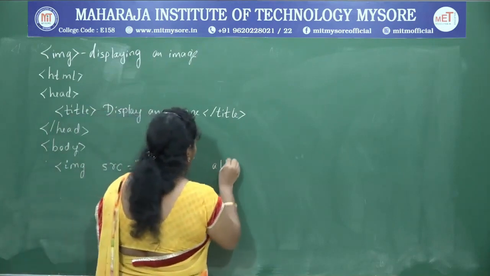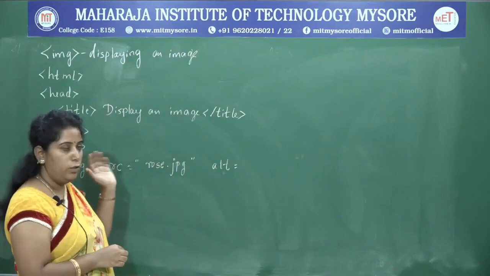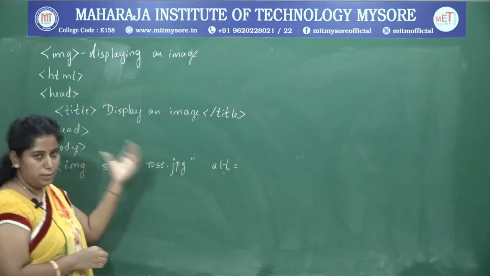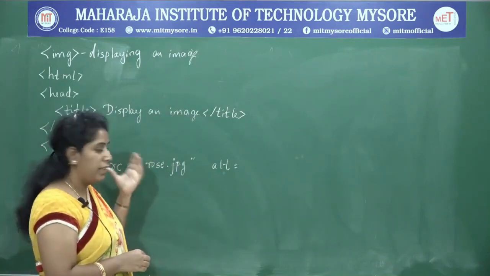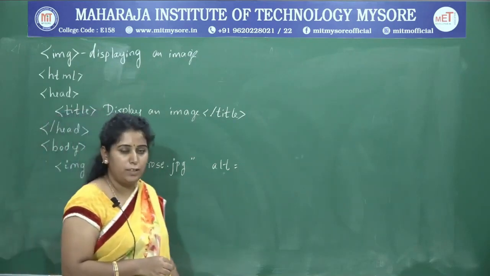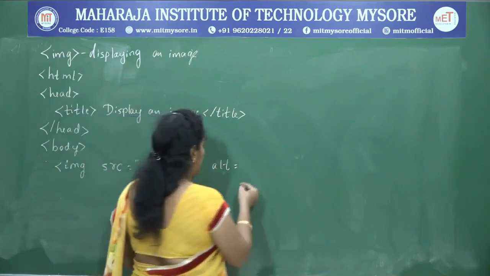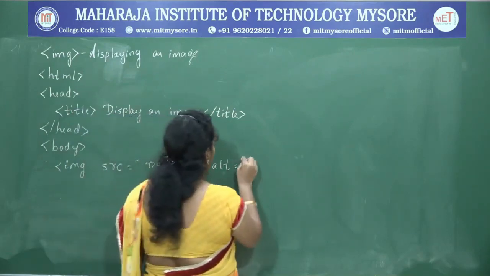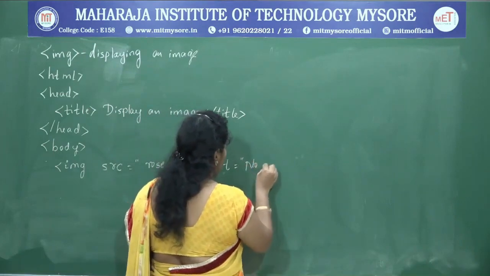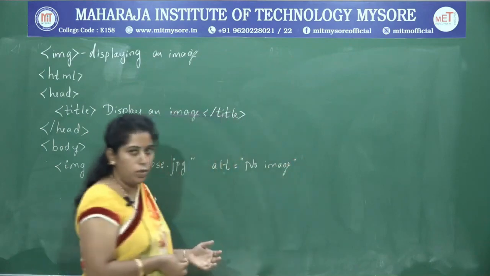And alt, alternate. In case I am using this tag to print an image and that image does not exist, an alternate message has to be displayed. For that purpose, this attribute is used. You can give some message, like no image, or image not found.